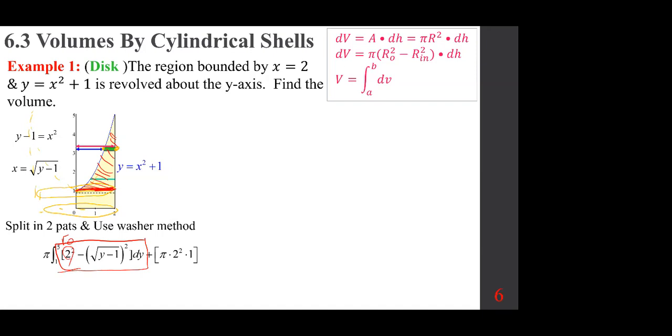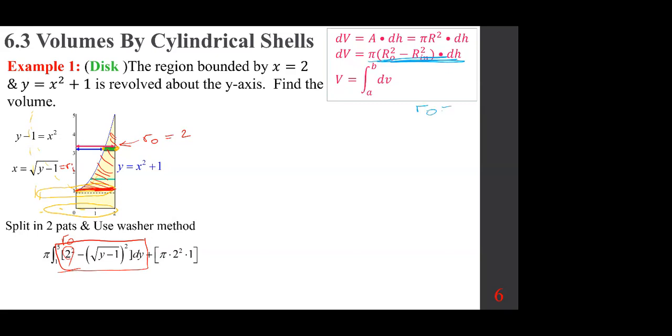So in other words, this is R in, and R out equals 2. Let me put it in this corner.